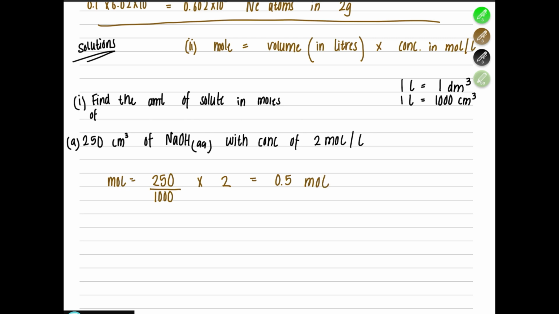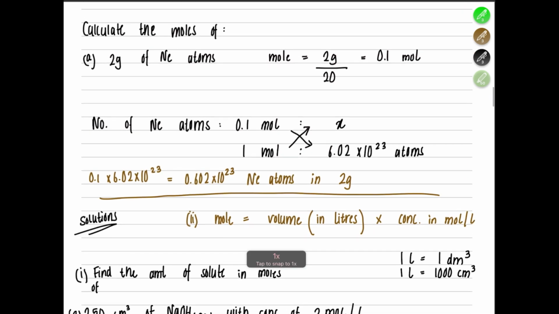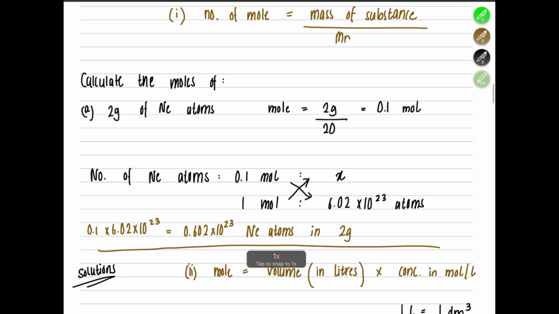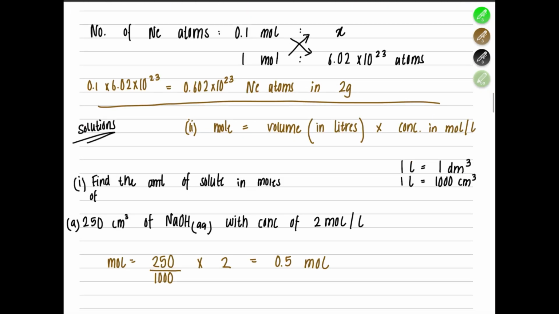Again, if you want to find the number of sodium hydroxide molecules, you just multiply this with 6.02 times 10 power 23. Okay, now using this formula, just like the previous one, you can find even the volume if you have moles and concentration, or you can also find the concentration if volume and moles are given. In some cases, you can even equate both of them to find an unknown value.